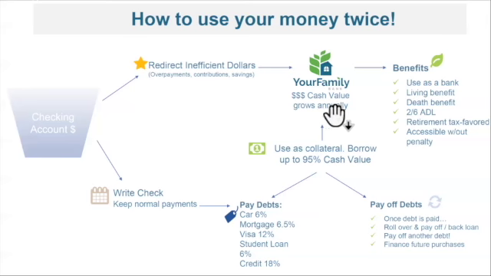So your cash value goes, you borrow 95% of it, the insurance company will provide it to you using the cash value as collateral. You utilize that money to pay off your 6% mortgage, your 6% car, your Visa at 12, your student loan. As you're utilizing that money, the money that's inside your own bank on you continues to gain interest without losing a beat.